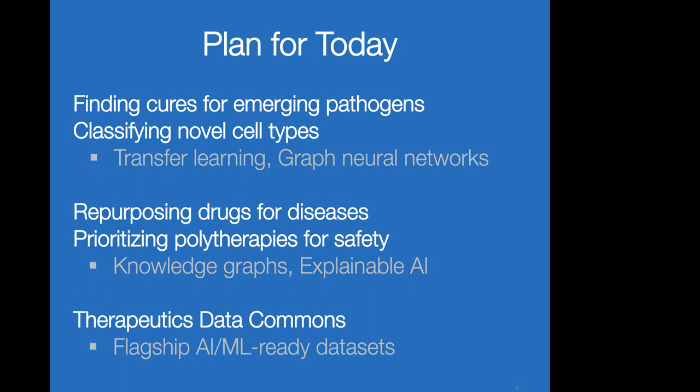In the second part of the talk, I will focus from the methodological standpoint on learning with knowledge graphs and explainable AI, and I will describe how advances in those fields can help identify therapeutic opportunities for diseases and prioritize combinations of drugs for safety.